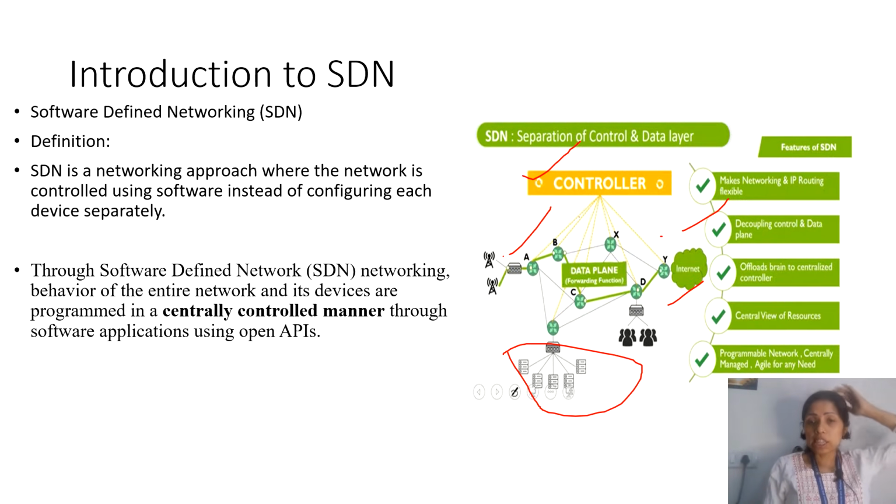First the controller checks all the paths between the source and the destination and sees the overall view of the network. After that, it decides which path to take to reach from A to D. If there is a failure in one path, it can take another path decided by the controller.